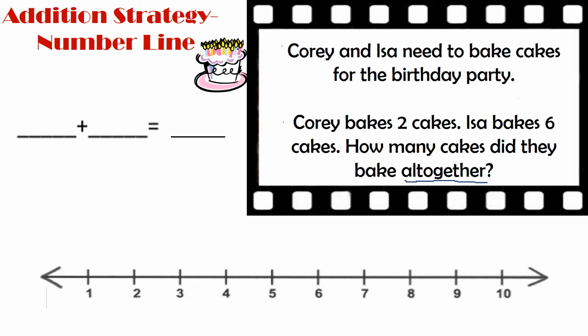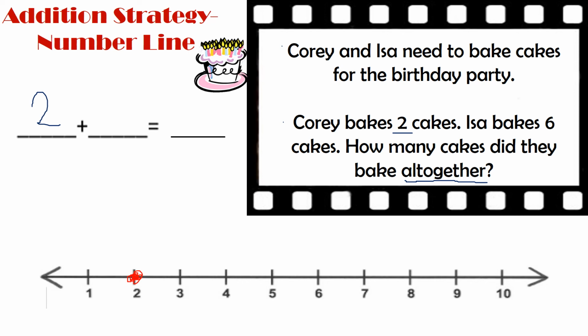Let's go back and see how many cakes Corey has. Corey bakes 2 cakes. So I'm going to find the number 2 on my number line, and I'm going to put a big dot on the number 2. I'm going to go ahead and put 2 in my number sentence because that's going to be my first addend.